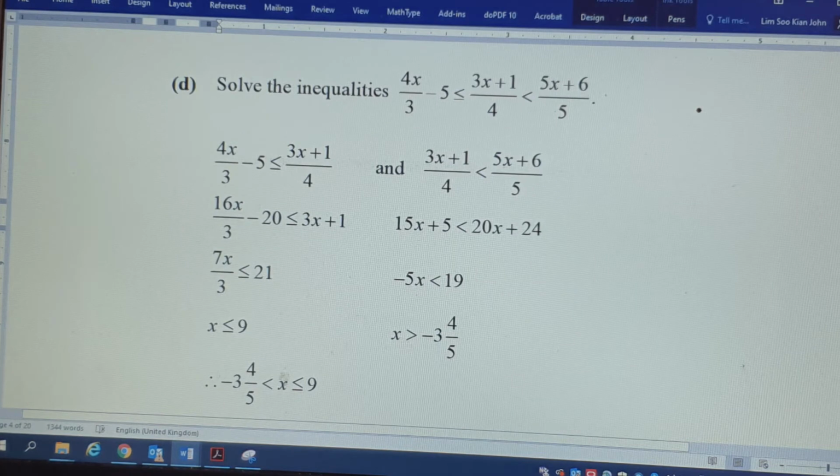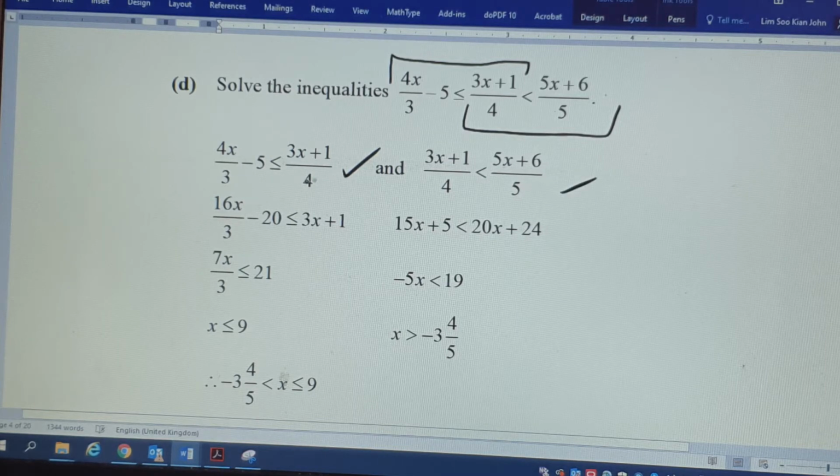Now inequalities, we definitely have inequalities, correct? Because you just learned this kind of what we call simultaneous inequalities. Why simultaneous? Because they're all joined together, meaning to say that first and second form one inequality, second and third another inequality.